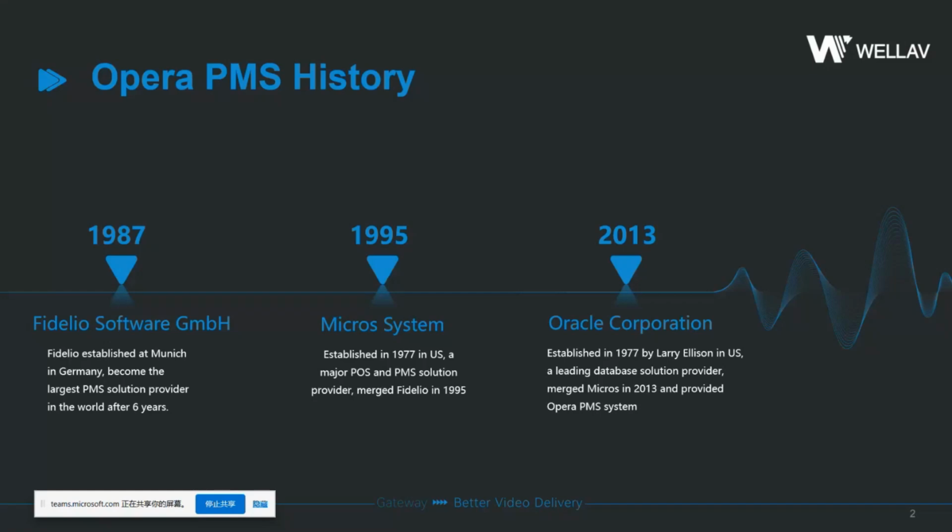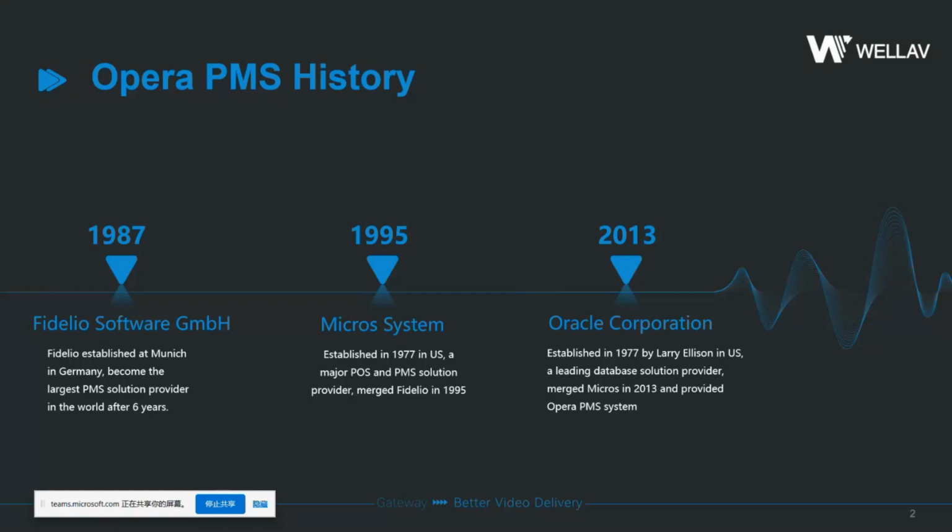But in 2013, a bigger company, Oracle, got involved. Oracle's main business is databases. It's very famous in the database market, and a lot of servers on the market use Oracle database.